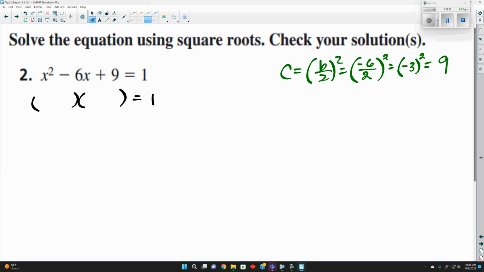As we looked at yesterday, to get our set of parentheses squared, since a is 1, we will have our x. The number that goes inside the parentheses with x is whatever was inside the parentheses before we squared it. So it would be x minus 3 squared, which really means that our factors were x minus 3 and x minus 3.